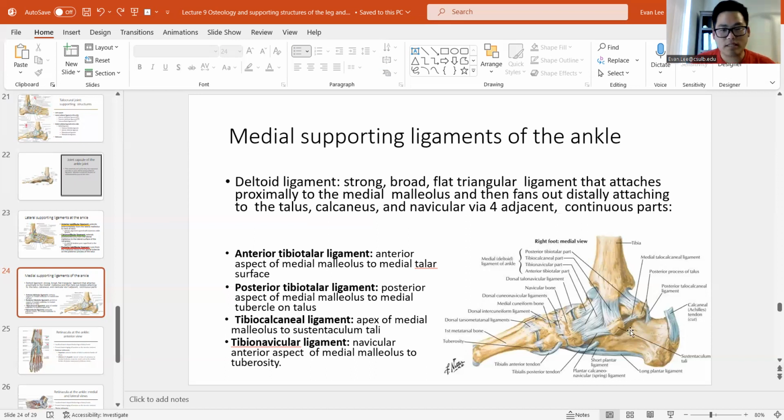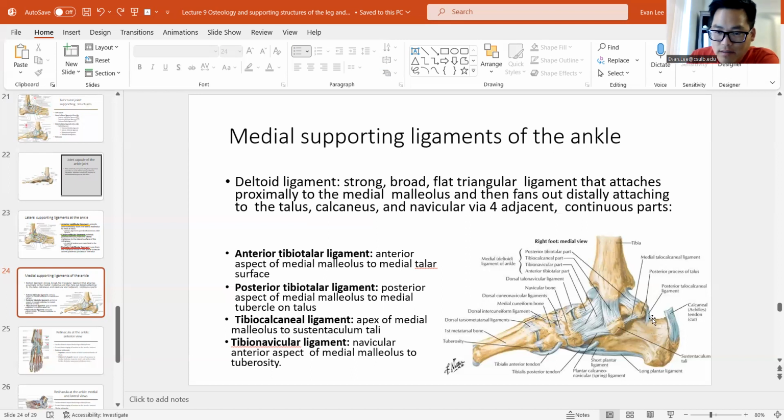And these are forming something called the deltoid ligament, which, if you remember what deltoid or delta shape is, it's a triangle. So this is as close as we get to triangles. You take what you can, but this is going to be a triangle here. So going from the point at the medial malleolus, it then goes down and down to the sides.